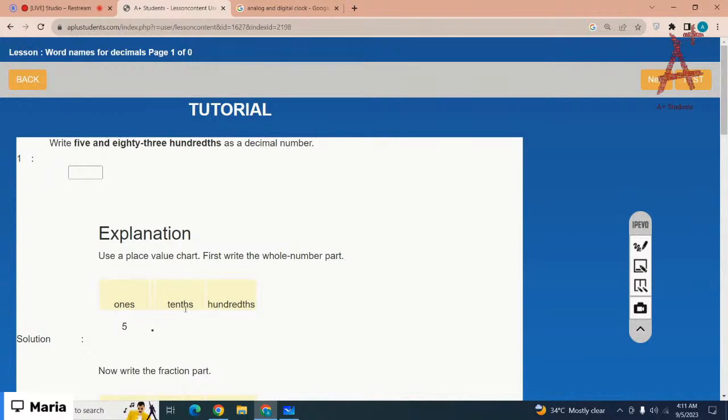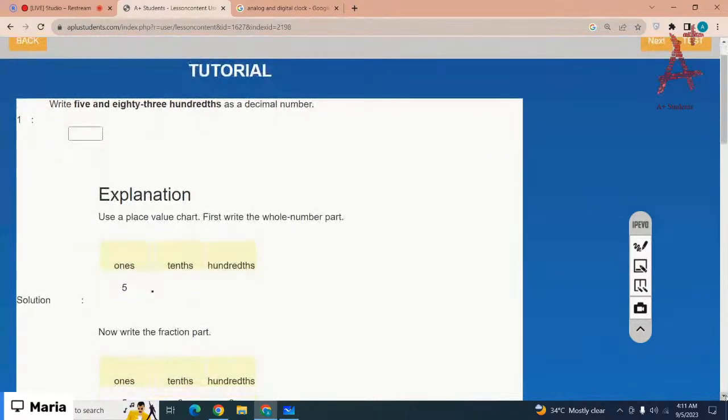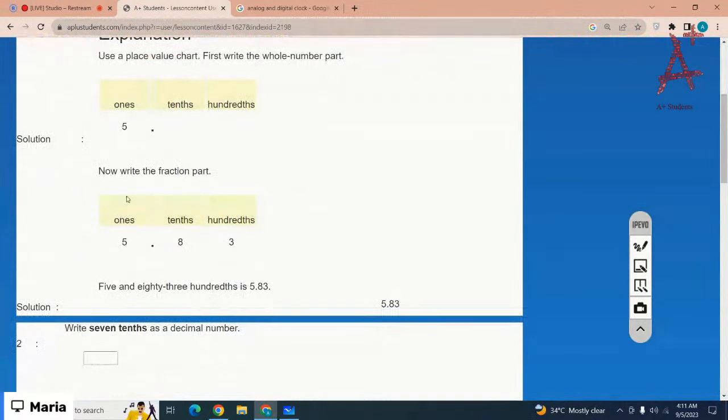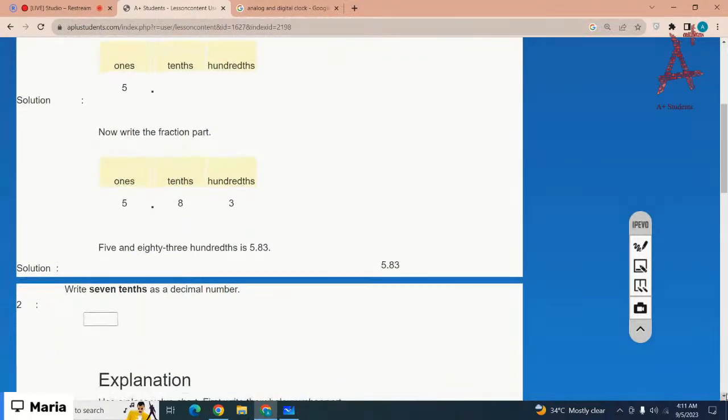So after the decimal point you have tenths. The first digit is always the tenths one, and the second one is the hundredths one, right? So 8 is the tenths digit and 3 is the hundredths digit. So 5.83 is the correct option, right?